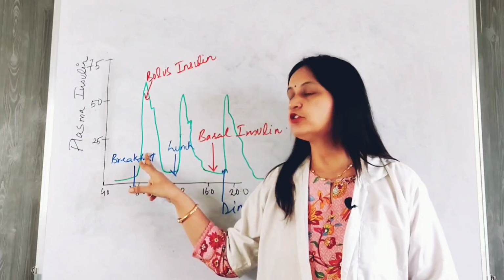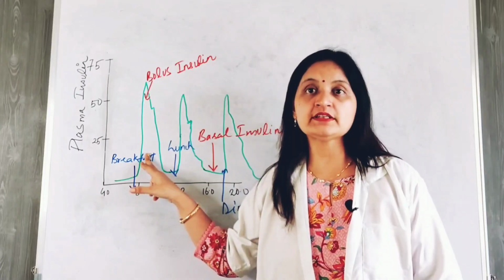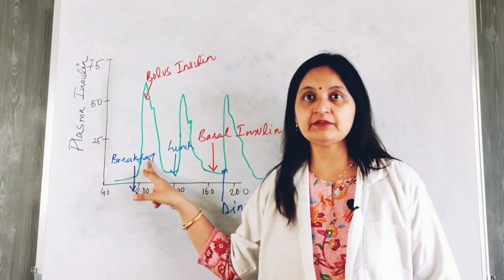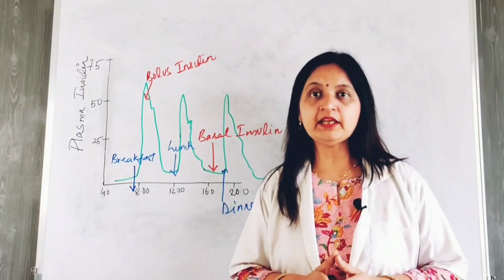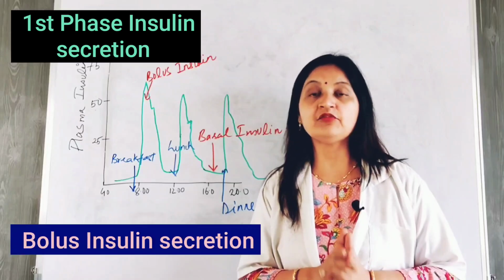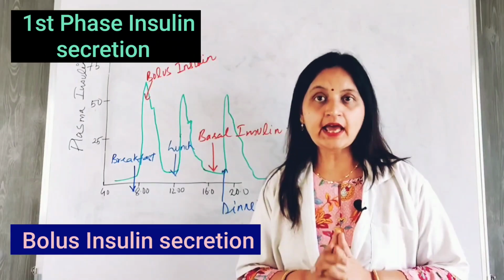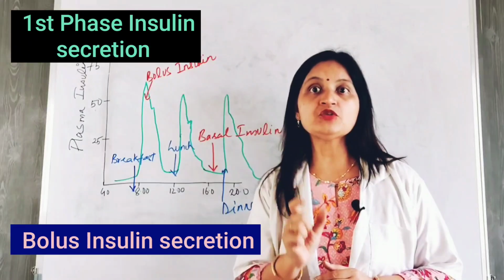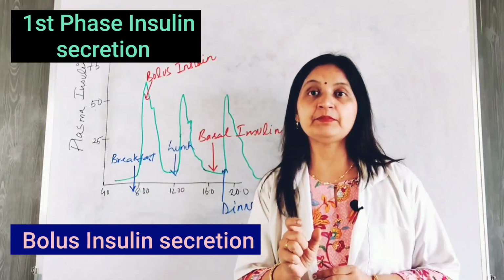The figure drawn here shows the natural pattern of insulin secretion from the pancreas in response to meals and during the fasting period. When you eat a meal especially rich in carbohydrate, the glucose gets absorbed from the digestive tract to the bloodstream, and as the blood glucose starts to rise, there is a burst of insulin secretion from the pancreatic beta cells.